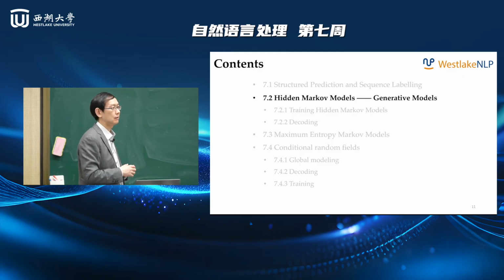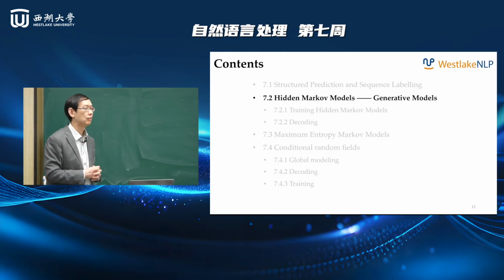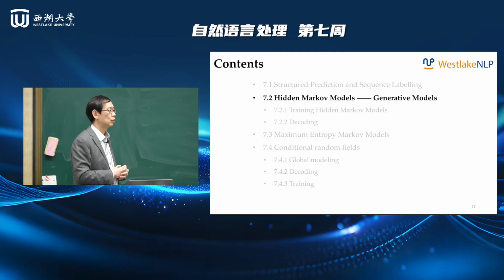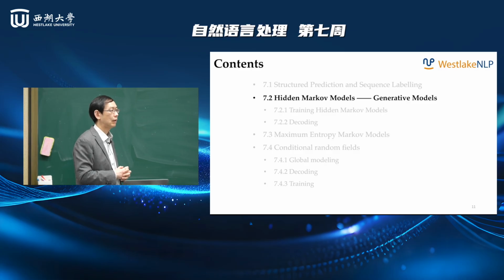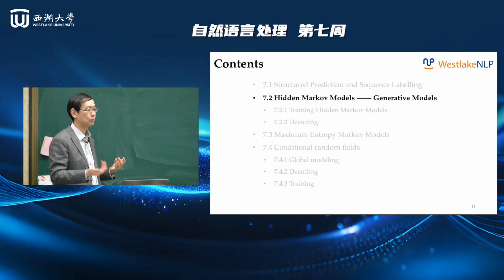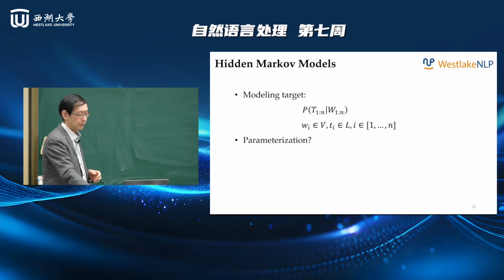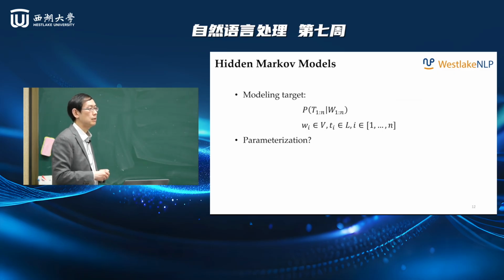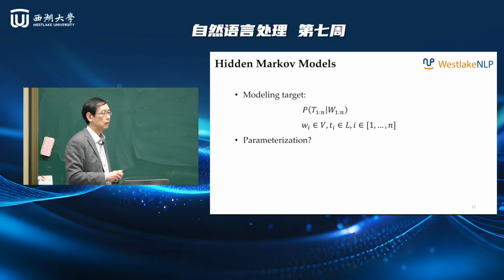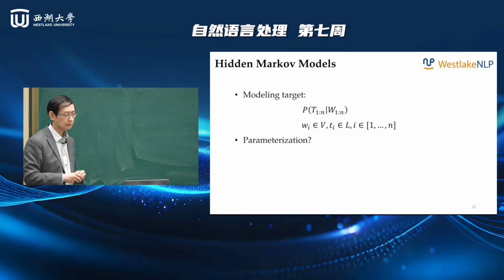And then the solution is hidden Markov model, HMM. You should proudly tell your fellow students that you know HMM, at least the principles of it. Now we're trying to build a generative model to predict the tag sequence given a word sequence.